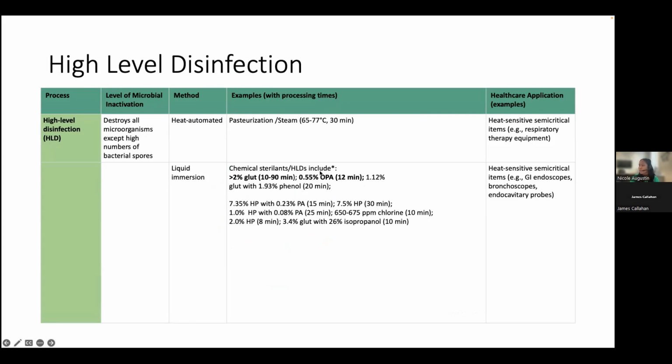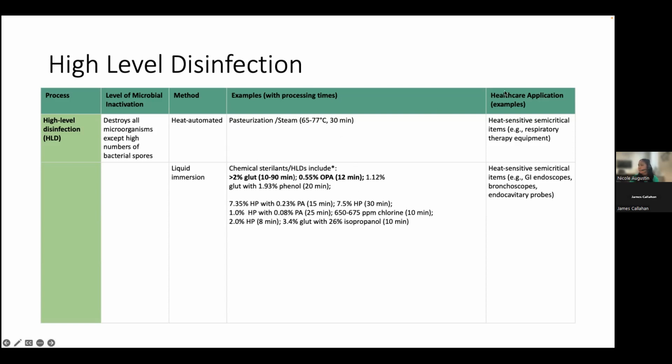And the liquid, just to let you know, some of the high-level disinfectants can also act as chemical sterilants, which I will discuss in the next slide. Examples would be your glutaraldehyde, OPAs, hydrogen peroxide, and some of them are in combination, hydrogen peroxide with chlorine.